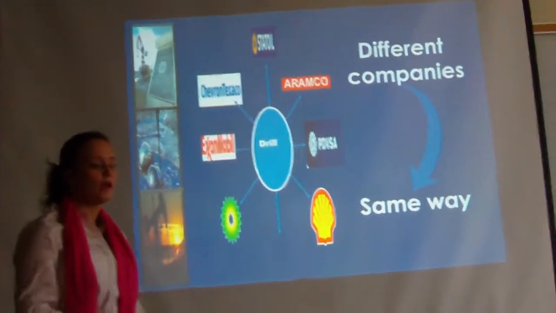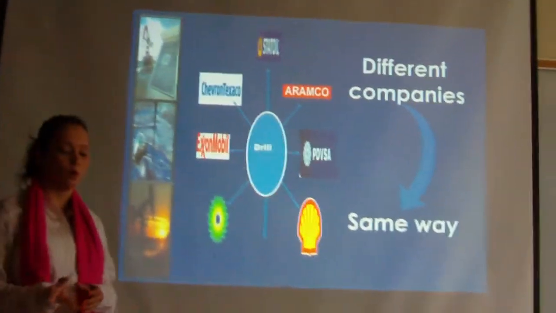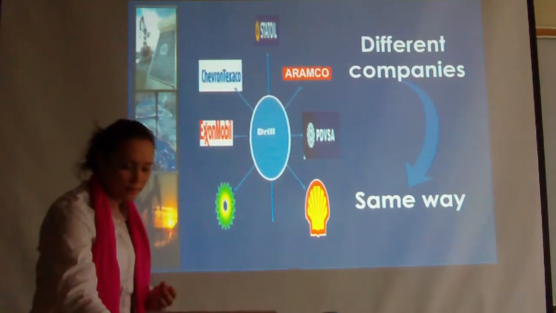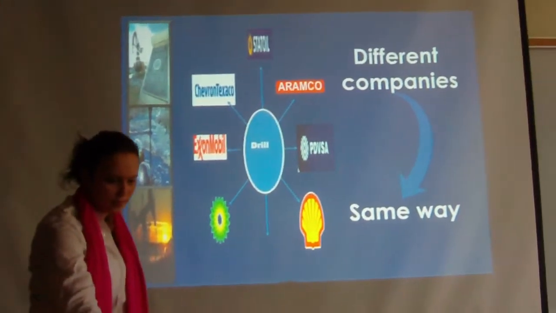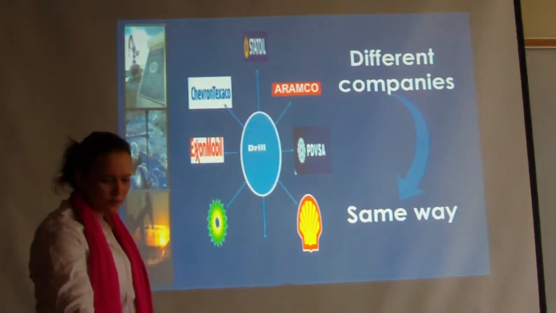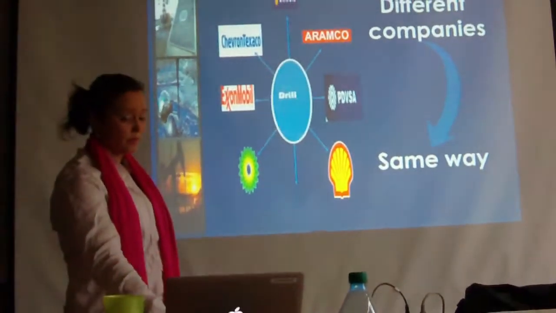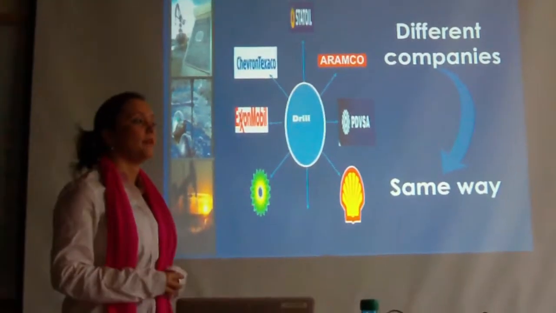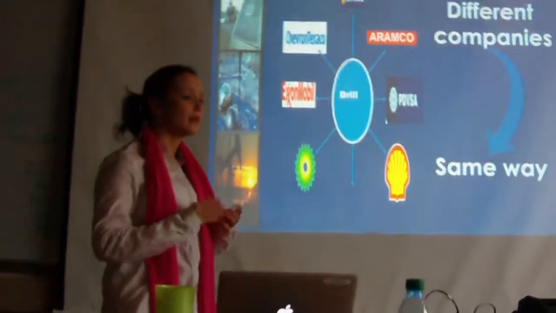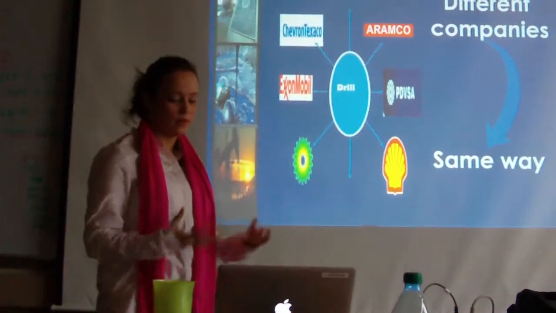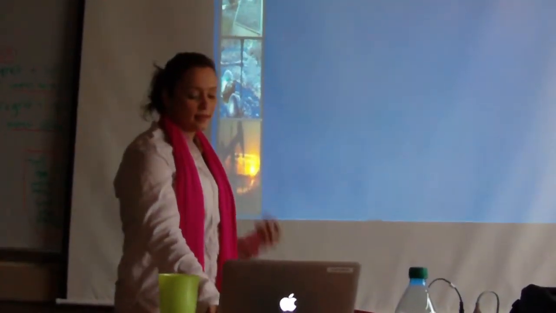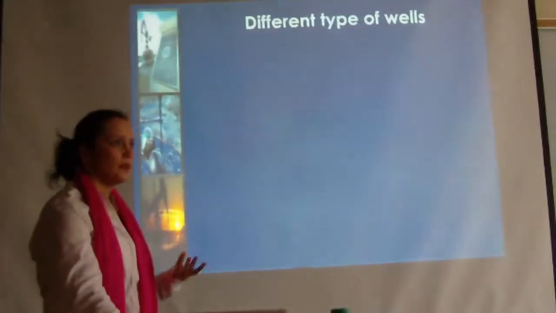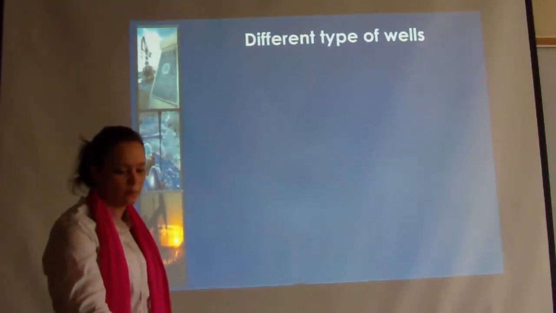So now I want to tell you that there are different companies like PDVSA, Shell, BP, Exxon, Chevron, Texaco, and even Aramco. But the drilling is basically the same way. The difference is that there are many different types of wells.